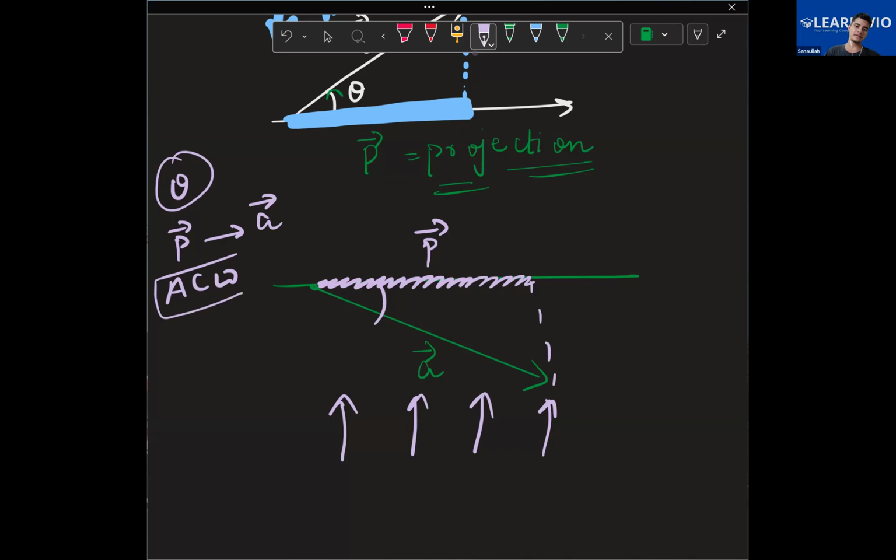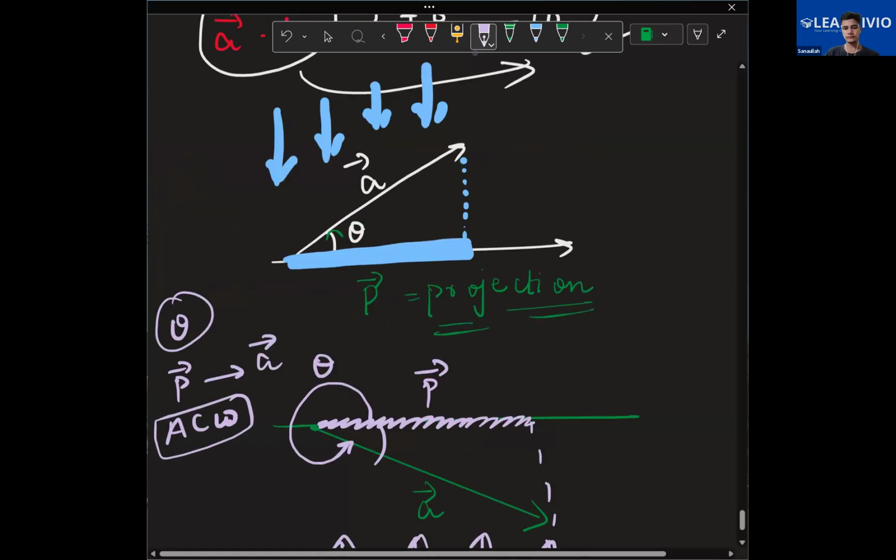So these two points are very important: how to choose the theta. You go from the P vector in the anti-clockwise direction. So this will be your theta. I hope this is clear to you. Am I clear? Yes, sir.